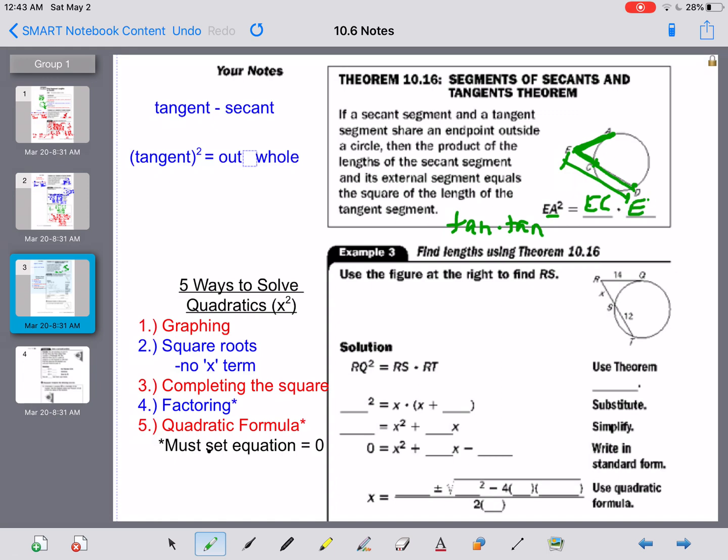Okay, so I get tangent squared equals out times whole. So my tangent's by itself, but I need to multiply two things, so I multiply it times itself. Tangent squared equals out times whole from the secant. Okay, so that's where my setup comes from on this one.